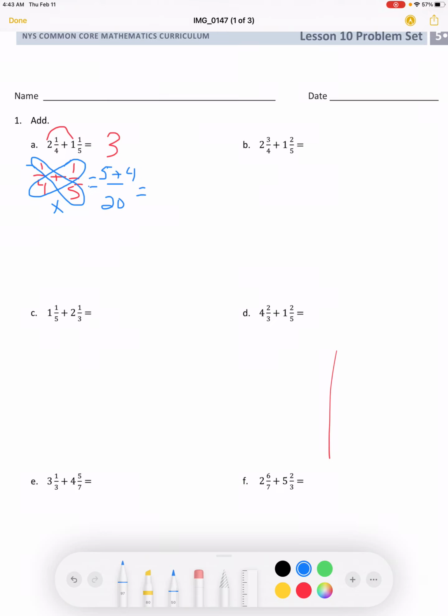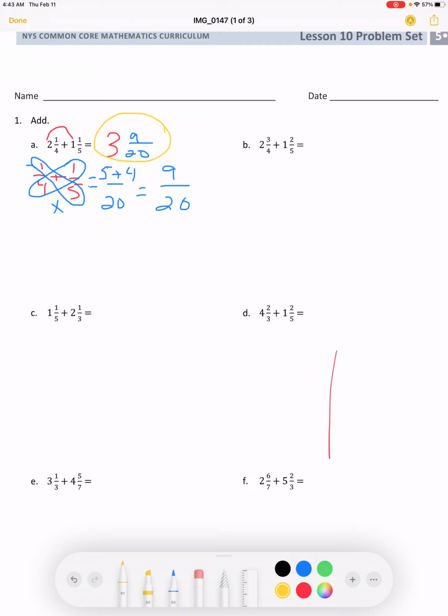So here, now we have 5 plus 4, which equals 9, and we got our common denominator. Denominator stays the same, 9 over 20. So we're going to move that up to our whole number. Don't forget about those whole numbers, sweetie pie, honey bunches of oats. We added our whole numbers, and we added our fractions. So together, the answer here would be a mixed number, 3 9/20.